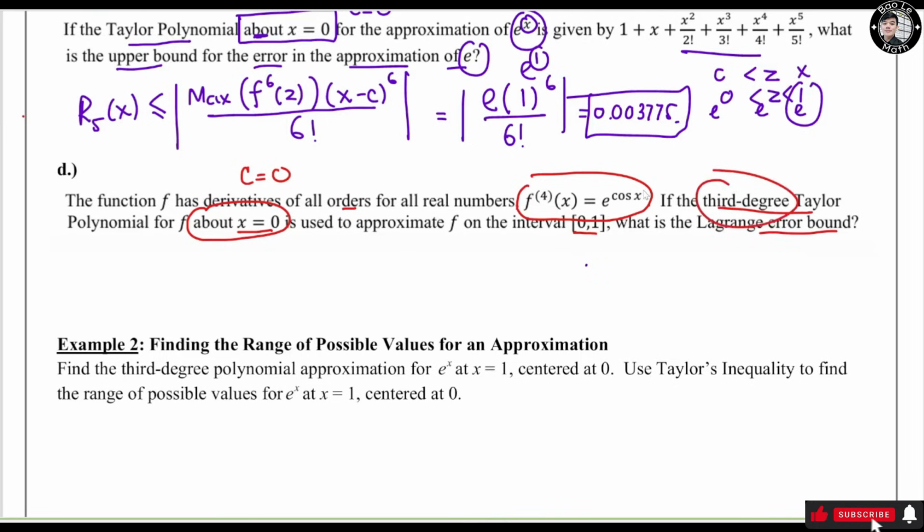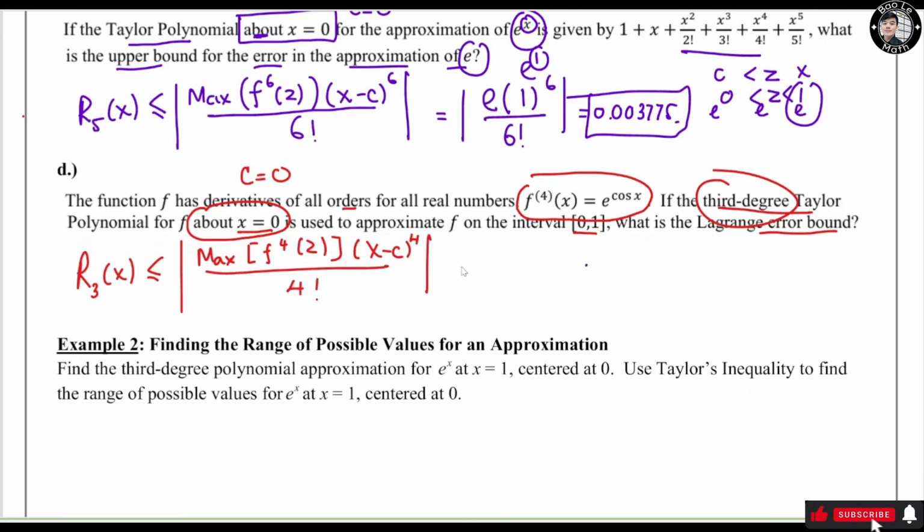Look, for the third degree Taylor polynomial, you have the absolute value of R3 of s less than or equal to the absolute value of the maximum, where c is less than z is less than s. So c equals 0, s equals 1.